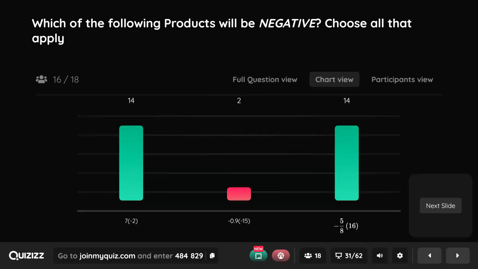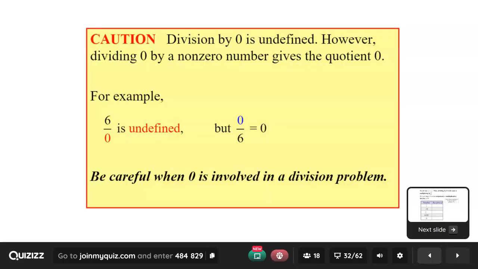Okay, so two of those will be negative. These have the same sign, so these won't be negative. The negative 0.9 and negative 15. But since the other ones are different signs, those will give us negative products. All right? Now, talk about division.